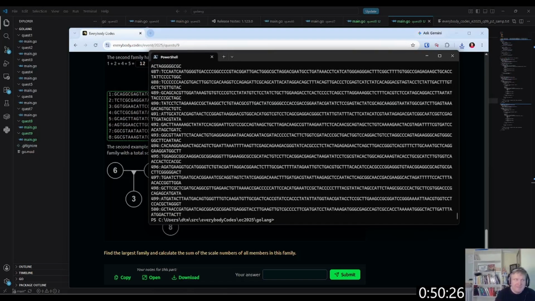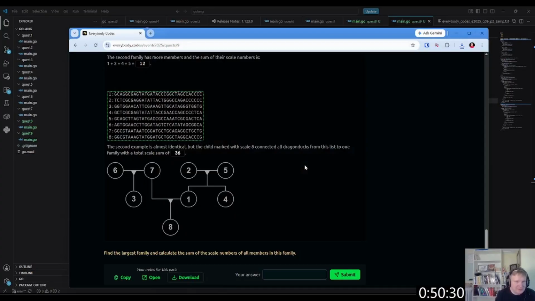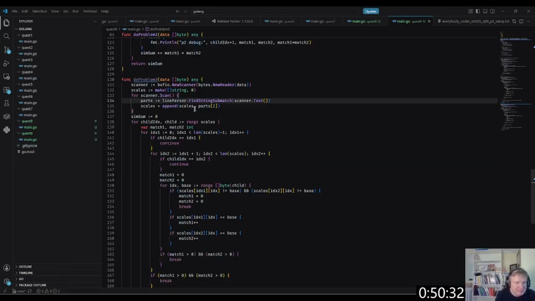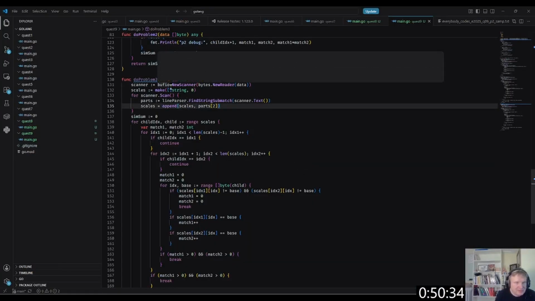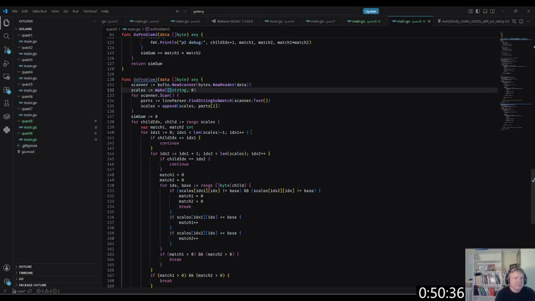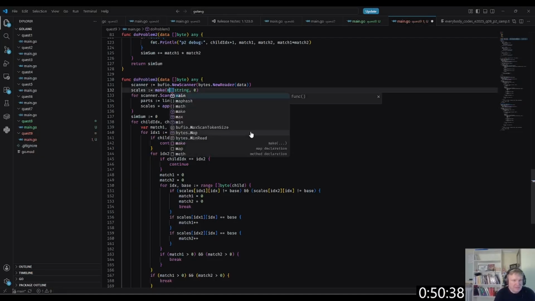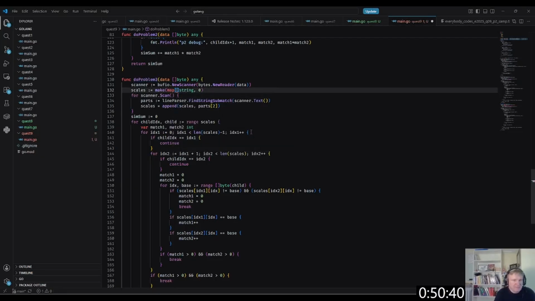They are. Yeah, I'll parse the things. So make scales become a map from int to string, and instead parts is that.